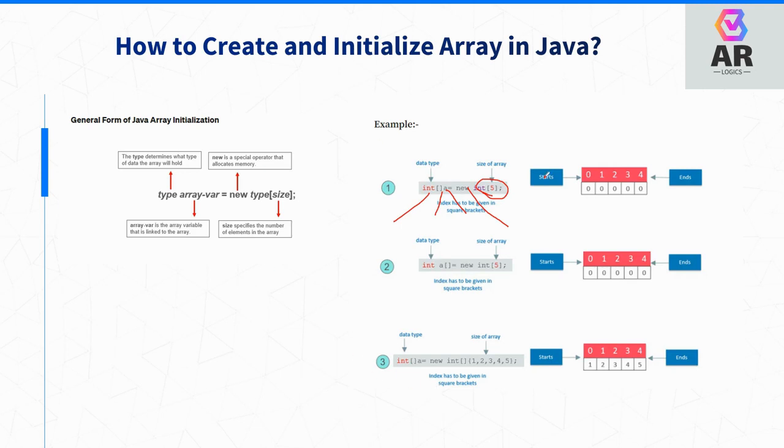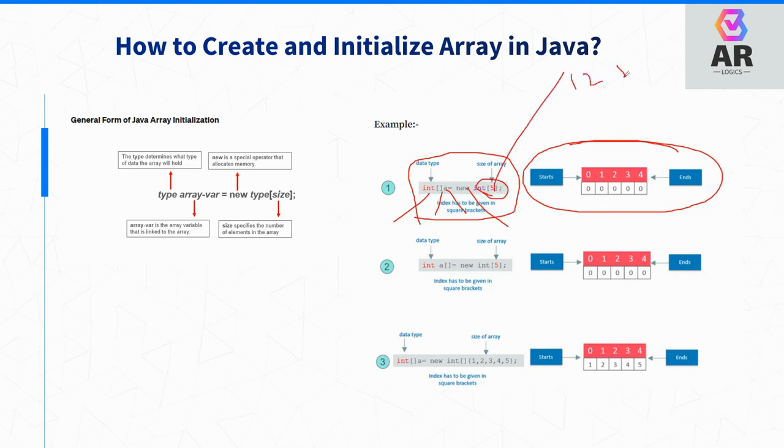Once we declare this, the array takes indexes 0, 1, 2, 3, 4, with 5 values.